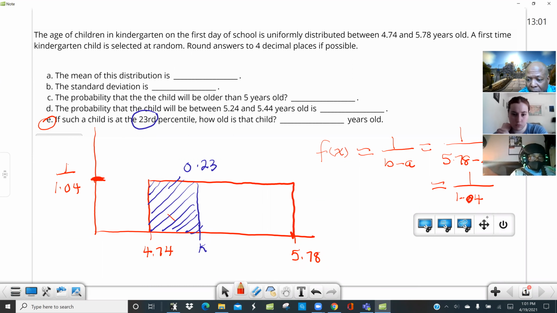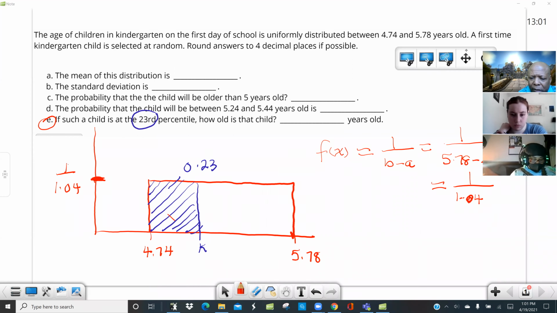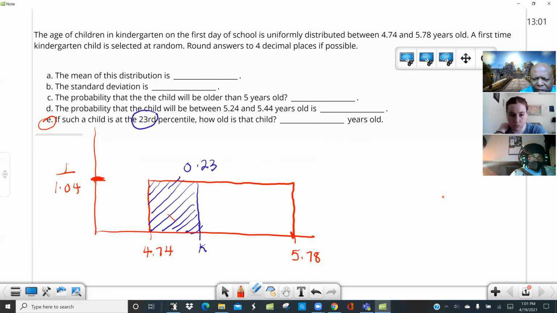Well, that area, let me first move this stuff here. If I want to find that area, we find the length of the rectangle. So K minus 4.74. That is the length of the rectangle, but the height is the same.